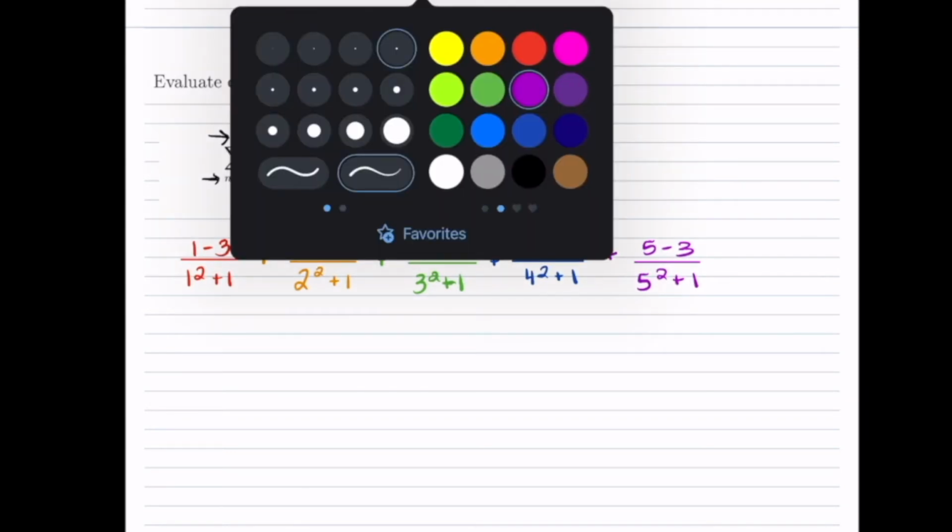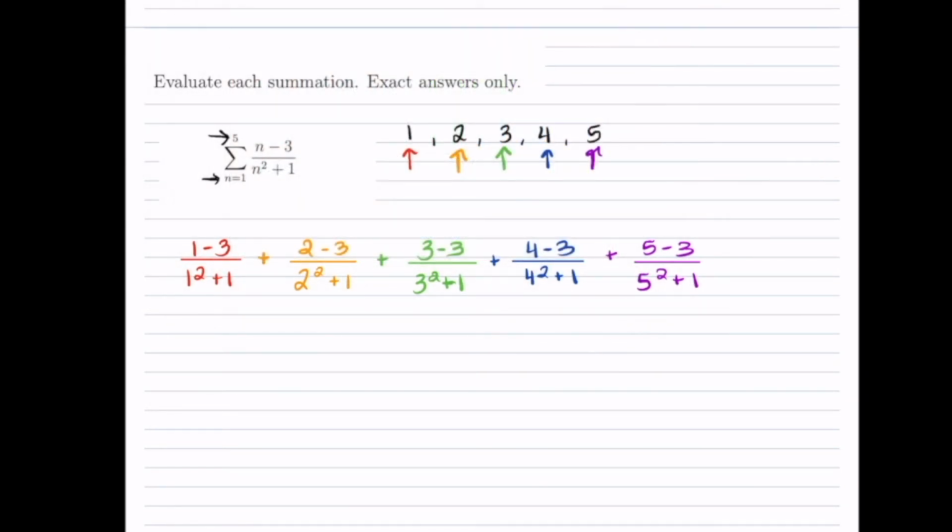Okay, so we can simplify these without a calculator. It's pretty basic math. So for n equals 1, we got 1 minus 3 on the numerator is negative 2 over 1 squared is 1 plus 1 is 2.